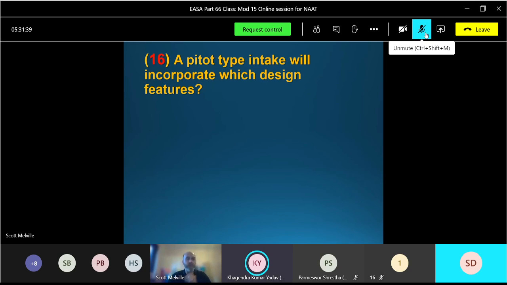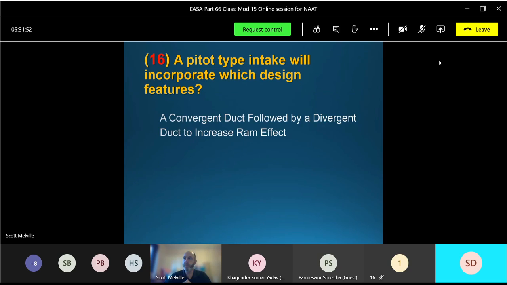There is a little bit of convergence. Overall, though, you're quite right, there's a little tiny bit of convergence at the front, but most of it is slightly divergent. Mostly divergent from the tip to the compressor. So a convergent duct followed by a divergent duct to increase ram effect. So a small amount of convergent, but most of it is divergent as it goes towards the front of the compressor.